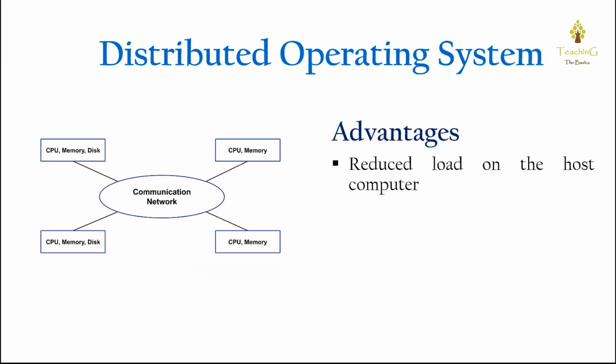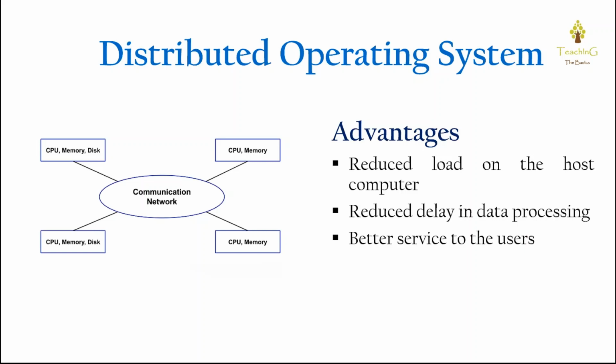Okay, so this is how it reduces the delay in data processing, and this is how it gives a better service to the user, as there is a reduced load on the host computer and a reduced delay. And then comes openness and scalability.